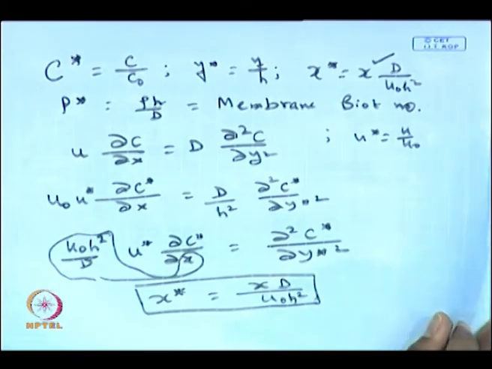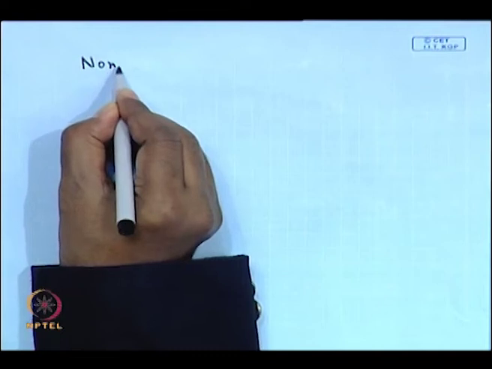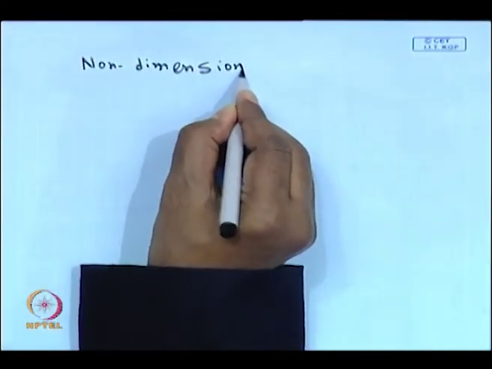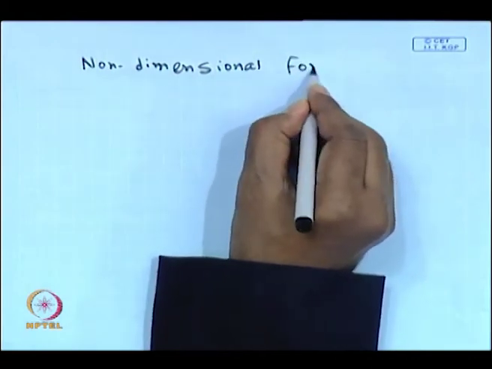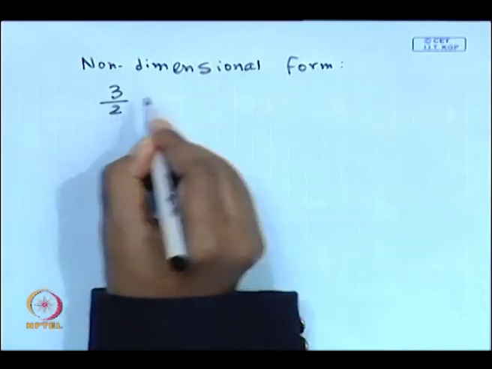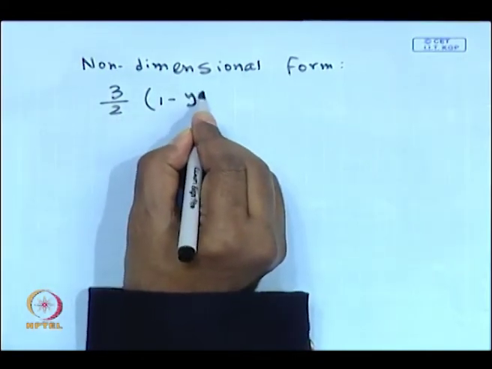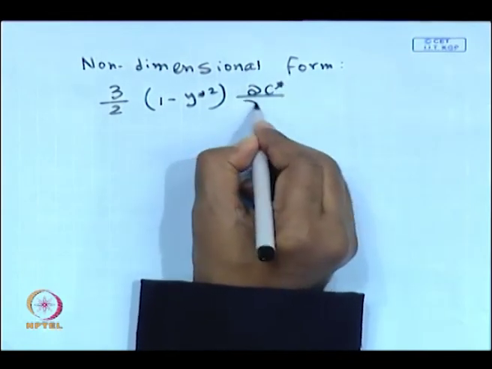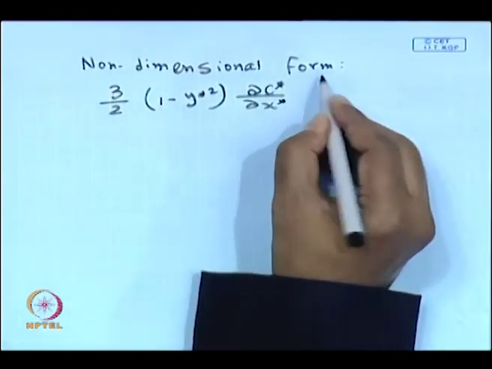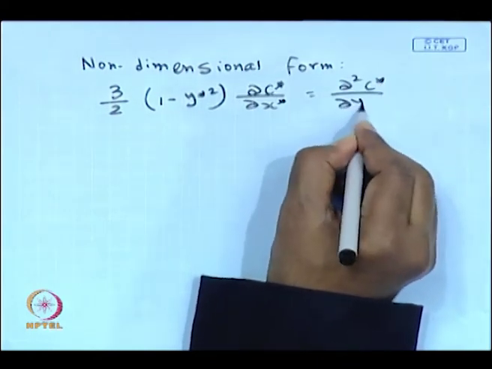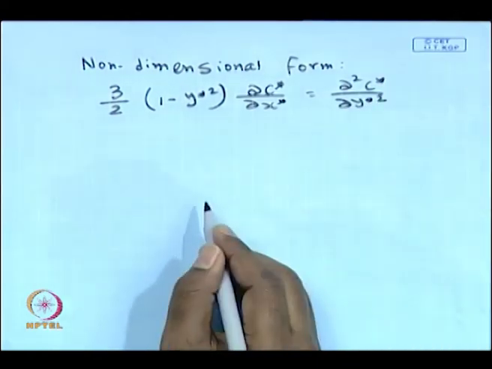Now, let us write down the non-dimensional form of our governing equation and its boundary conditions. 3 by 2 (1 minus y star square) del c star del x star is equal to del square c star del y star square. Okay.